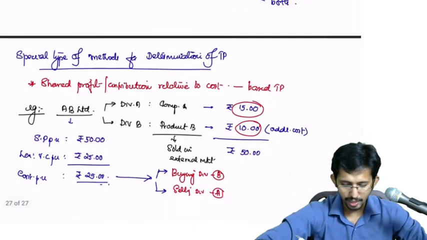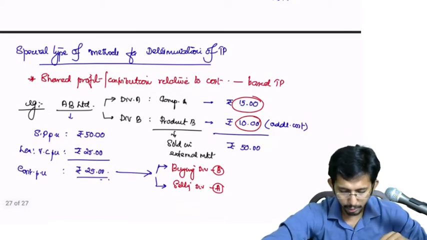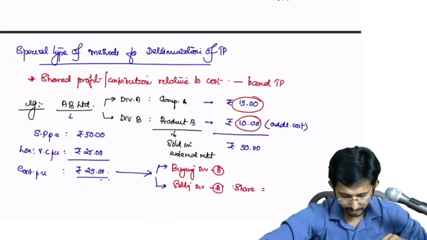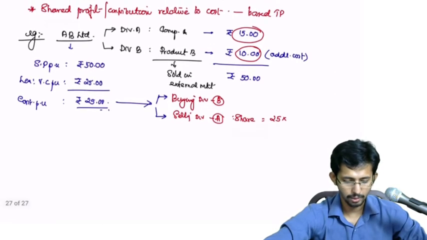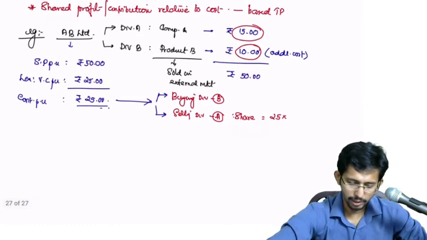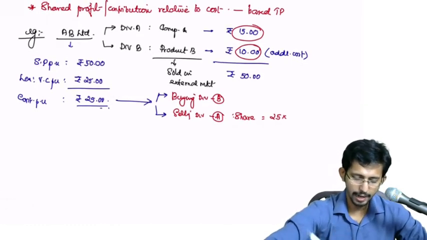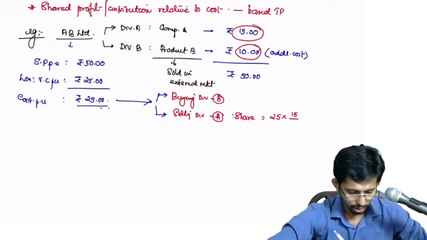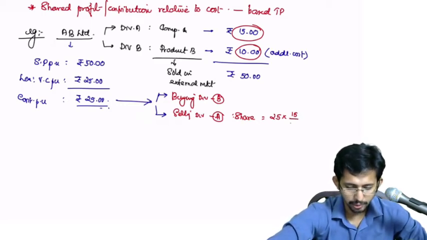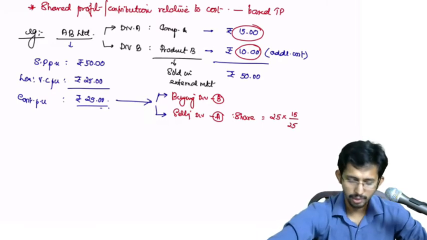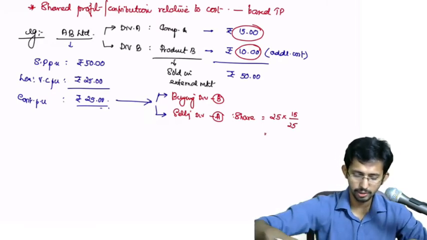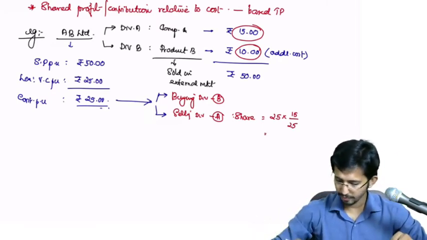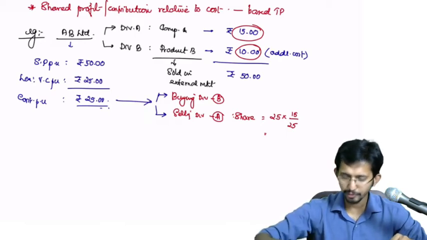So in the case of the selling division, that is A, the share of contribution is equal to 25 into, what is the cost incurred by A? It is 15, divided by the total cost, which is 25. 25 into 15 divided by 25 will be 15 itself.